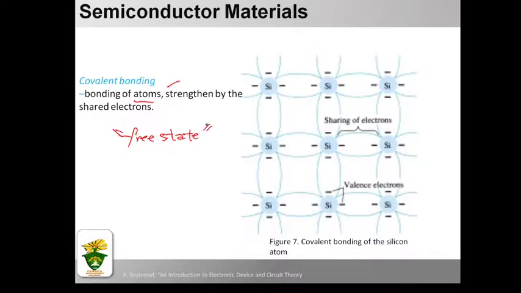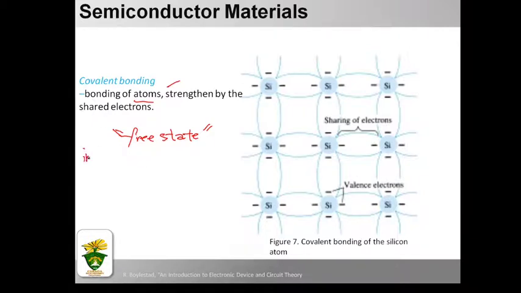The term free reveals that their motion is quite sensitive to applied electric field, such as established voltage sources or any difference in potential. These natural causes include effects such as light energy in the form of photons and thermal energy from the surrounding medium. At room temperature, there are approximately 1.5 times 10 to the power of 10 free carriers in a cubic centimeter of intrinsic silicon material.